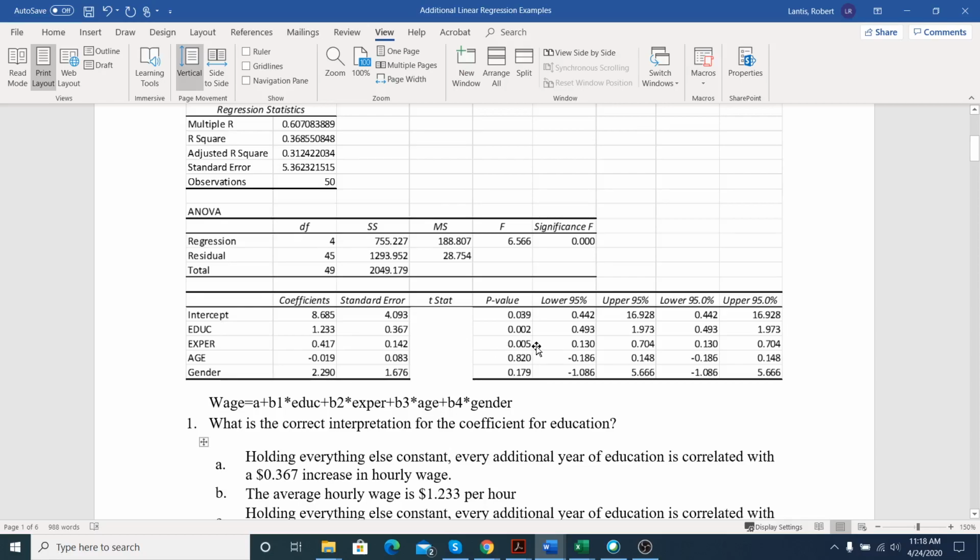We would reject the null for experience because 0.005 is less than 0.01. We couldn't reject age, that's a really high p-value of 0.82, that's definitely not less than 0.01. And we would fail to reject for gender as well because that p-value of 0.179 is not less than our alpha of 0.01. Okay? So we can only reject for education and experience here.